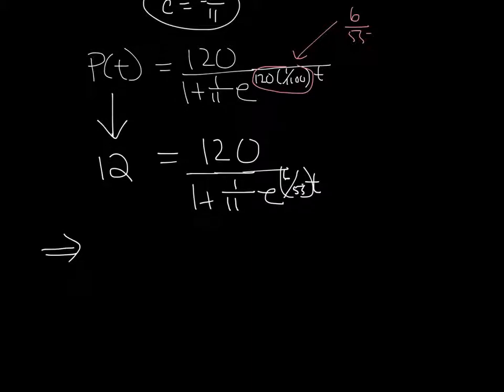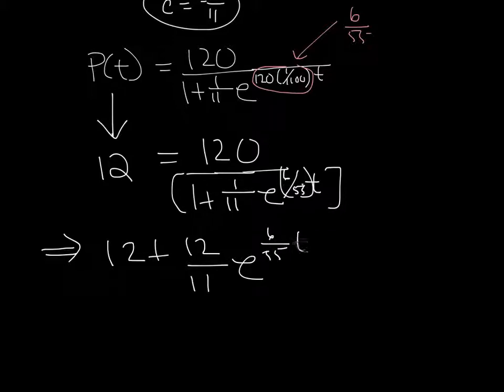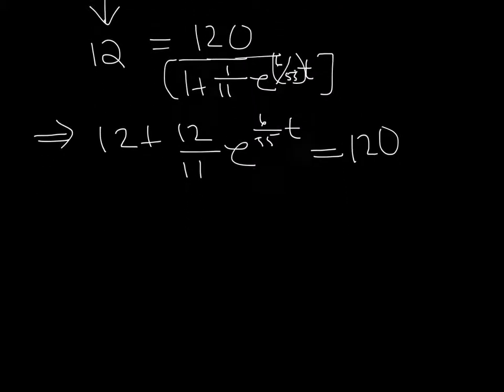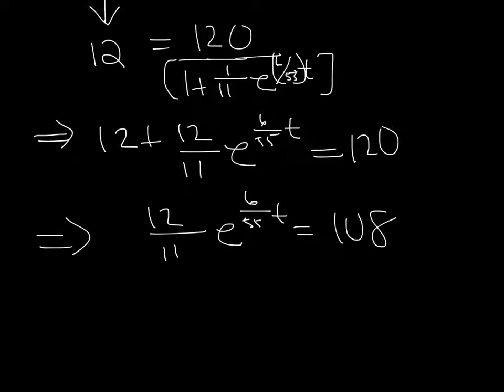If you cross multiply, after distributing, you get 12 plus 12/11 e to the 6/55 t equals 120, and almost there, hang in there. So then we have 12/11 e to the 6 over 55 t equals 108.